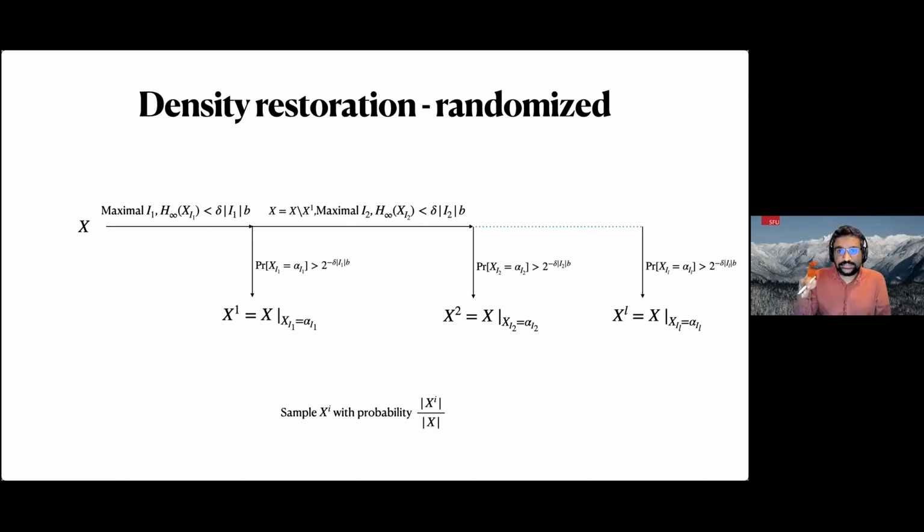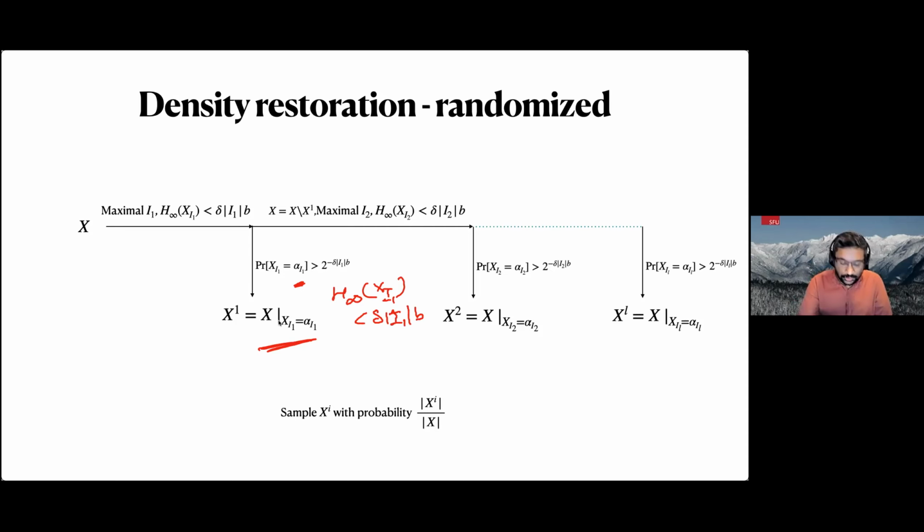Here you take X, you first find the maximal I1 where H infinity of X_I1 is less than delta times |I1|. The order has no specific meaning; you can just choose any maximal set I1. Now you set X1 to be all those X's where X_I1 is alpha_I1. And alpha_I1 is a witnessing value, in the sense that alpha_I1 witnesses that H infinity of X_I1 is less than delta |I1|.